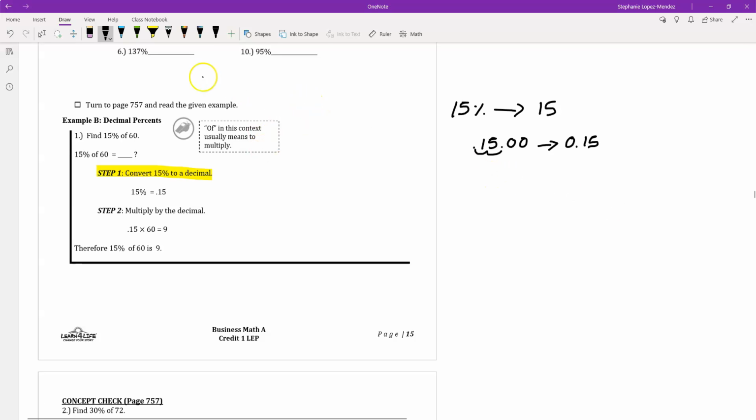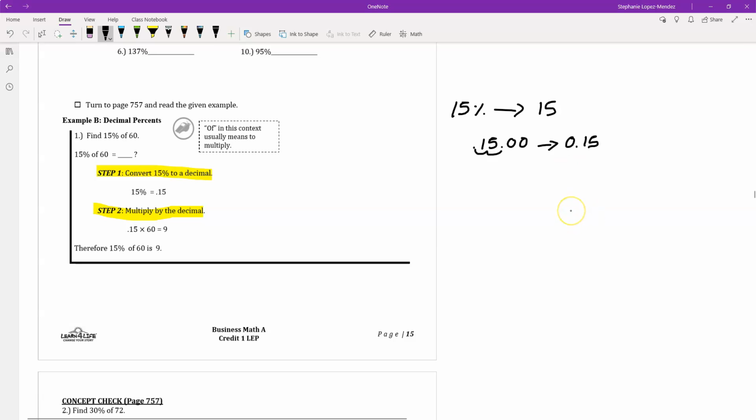Now for my step 2, it says multiply by the decimal. So what does that mean here? My question was to find 15% of 60. Now I found that 15% is 0.15 in decimals.